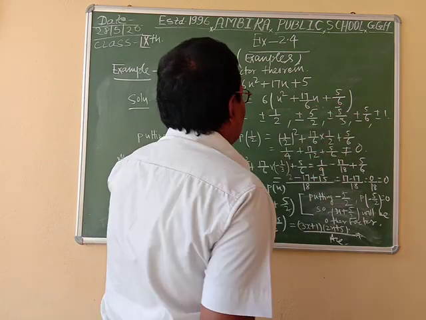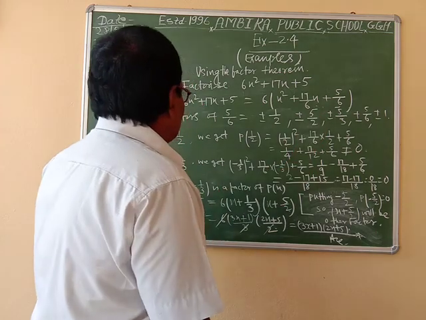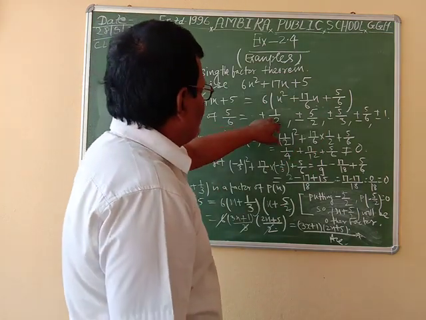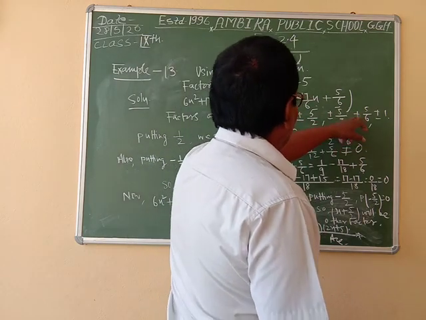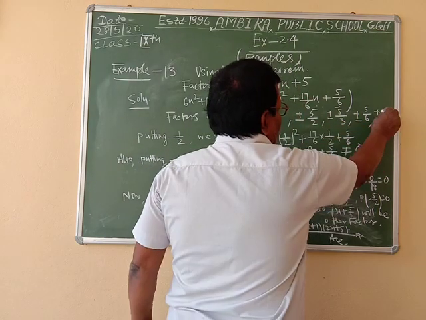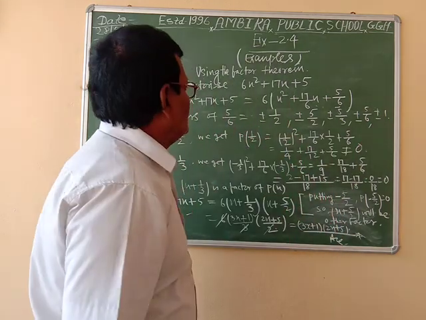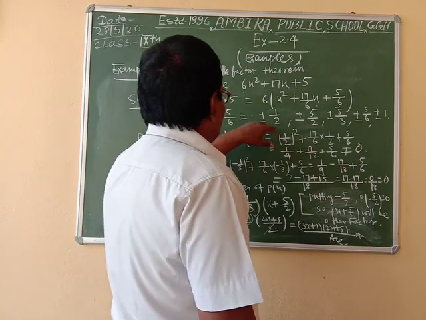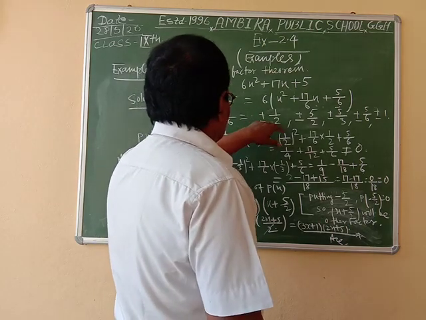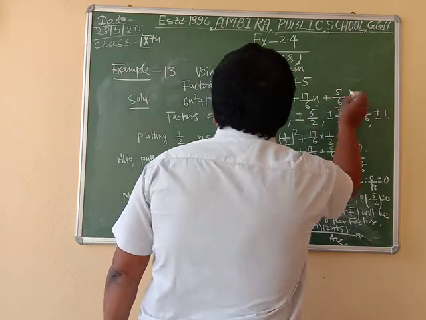Here the possible factors of 5 by 6 are plus minus 1 by 2, plus minus 5 by 2, plus minus 5 by 3, plus minus 5 by 6, and plus minus 1. So we put the values of x in the given expression.